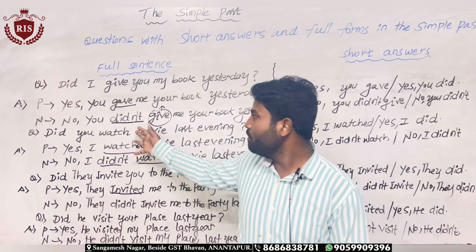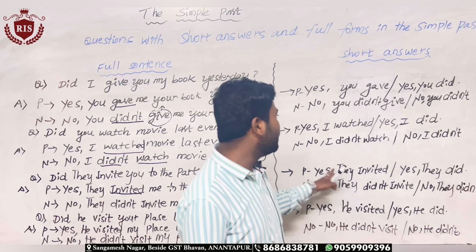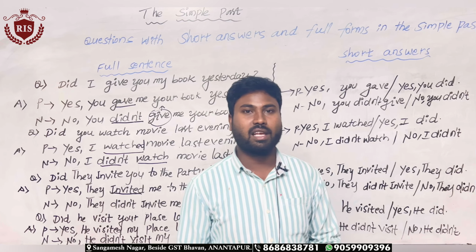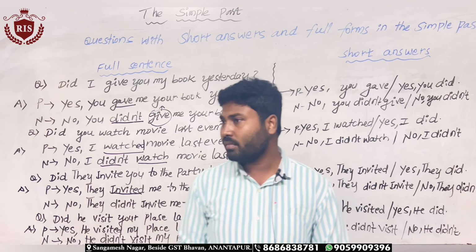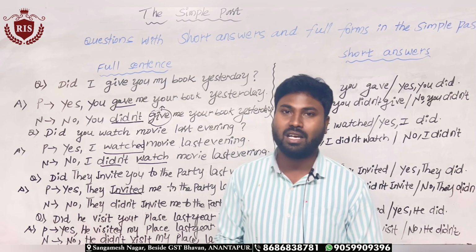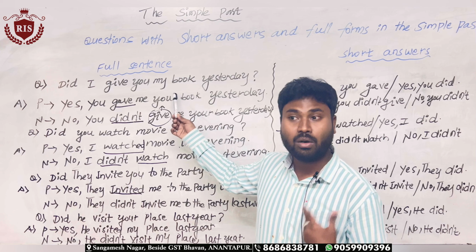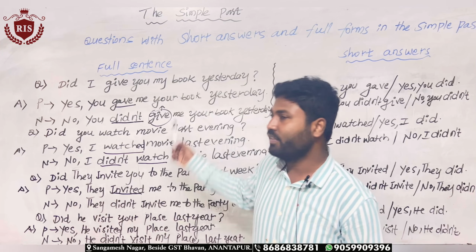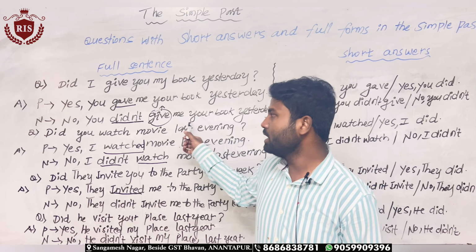Here we have full sentence answers to the same questions. Here we have short answers to the same questions. Has everyone understood? This is how we can use the simple past. This is the way to frame the question and ask others in the simple past, and this is the way we answer in the affirmative case and also in the negative case.